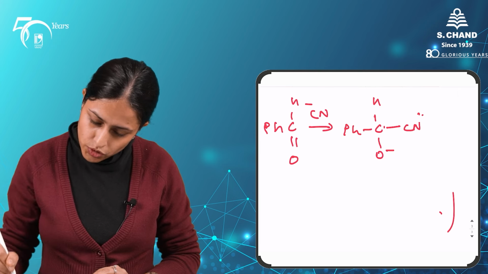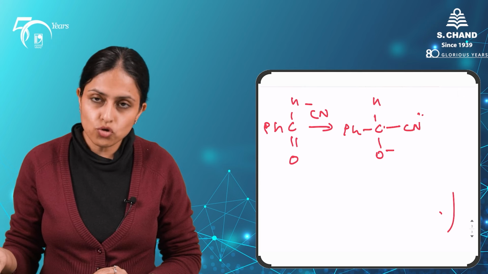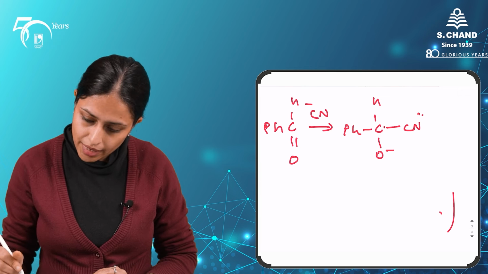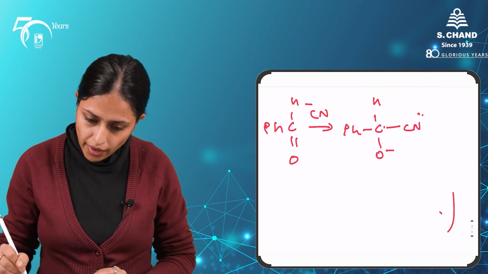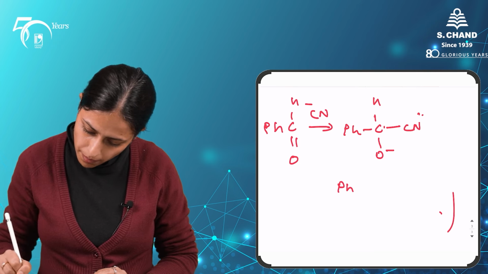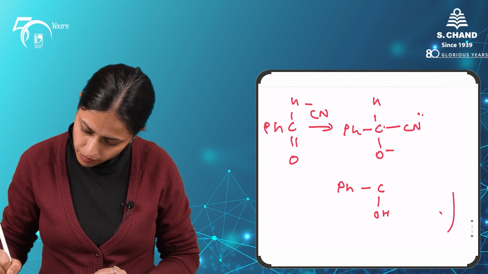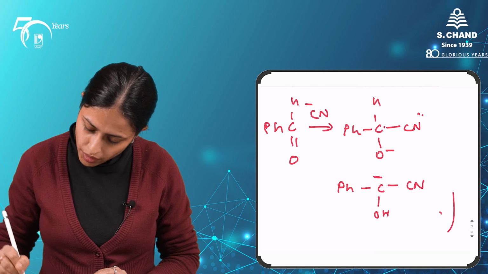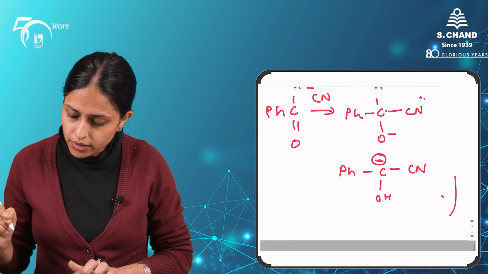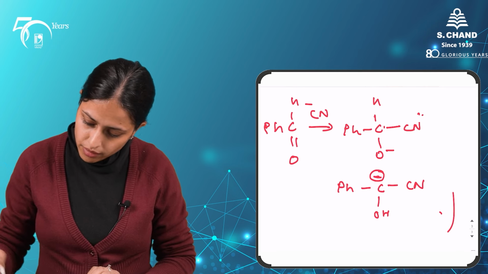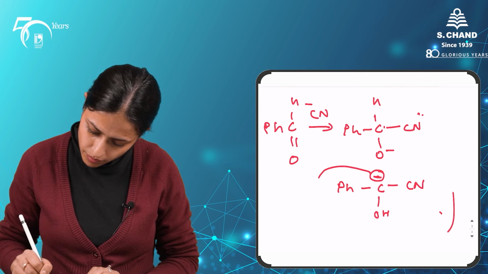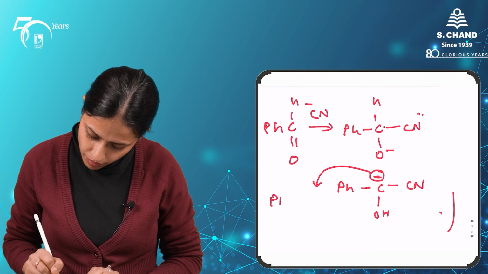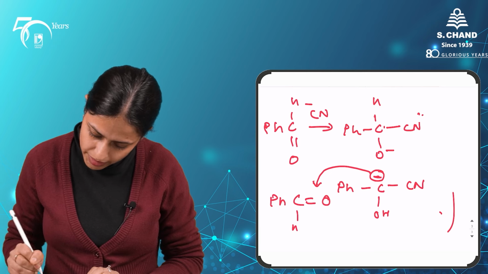This will attack in a usual nucleophilic addition way, and then this will undergo intramolecular proton abstraction to give a carbanion, and now this carbanion will attack a second molecule of benzaldehyde.